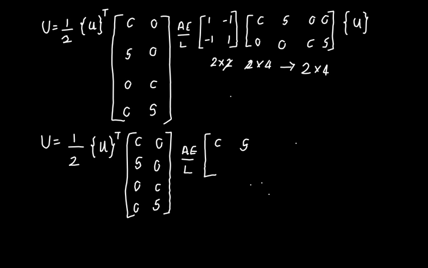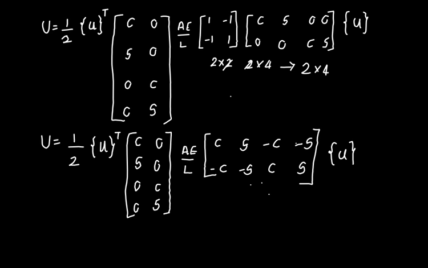First row into third column, 1 into 0 minus 1 into C, minus C. First row into fourth column, it's going to be minus S. Second row into first column, it's going to be minus C. Second row into second column, it's going to be minus S. Second row into third column, which is going to be C. Second row into fourth column, it's going to be S, all right, followed by U.